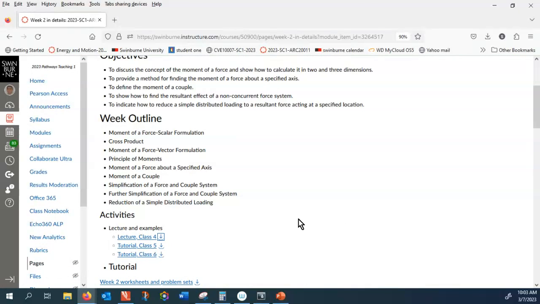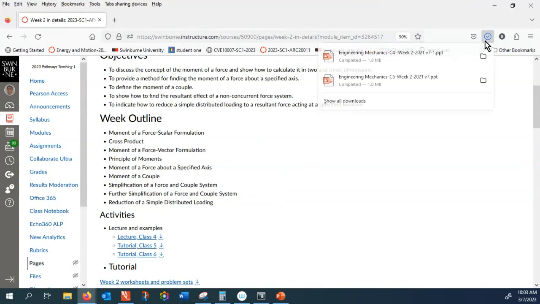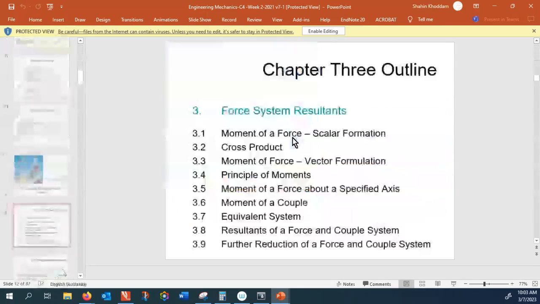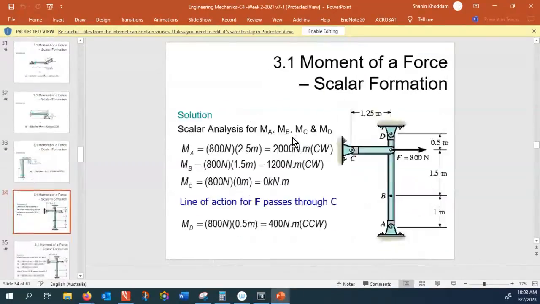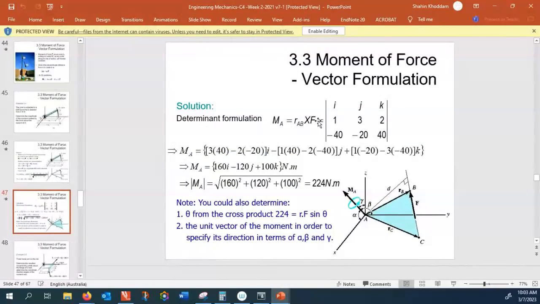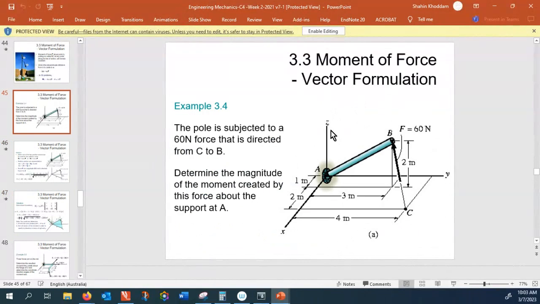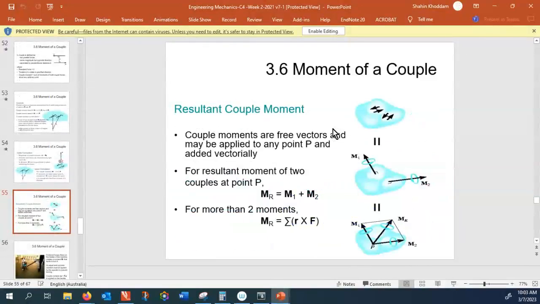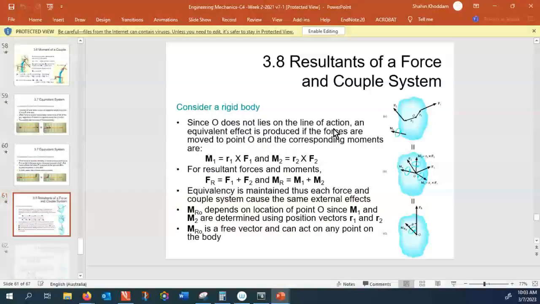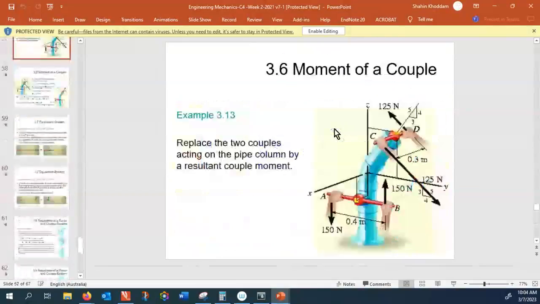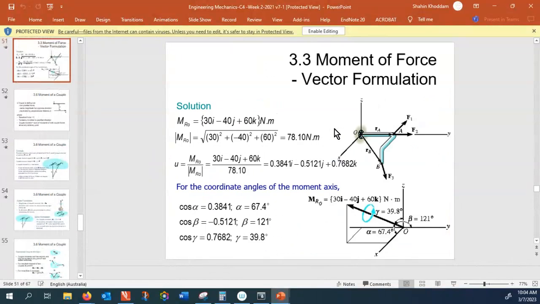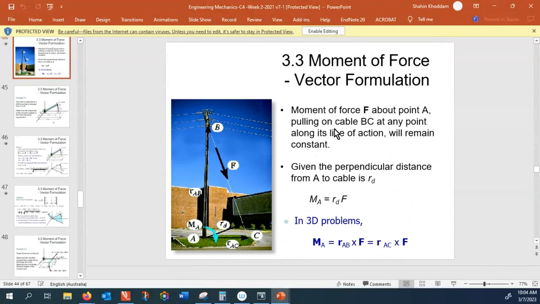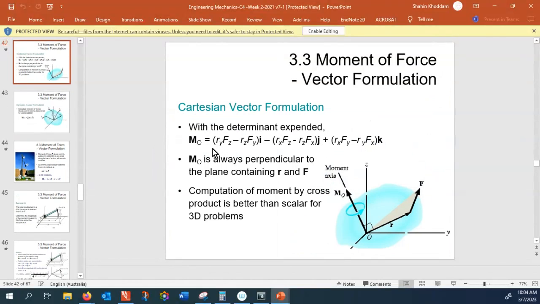So that was in yesterday's lecture. When it comes to the three-dimensional calculation of the moment vector, you either find it from the determinant, or if you want to do it by the formula, yeah, that's the formula.